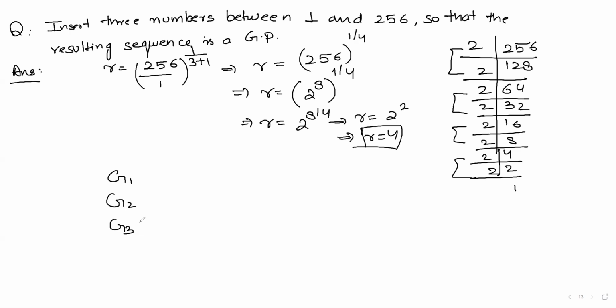Very good. G1 is 4. Okay. And this is 16 and this is 64. So Noma and Abra, you are getting the same answer.